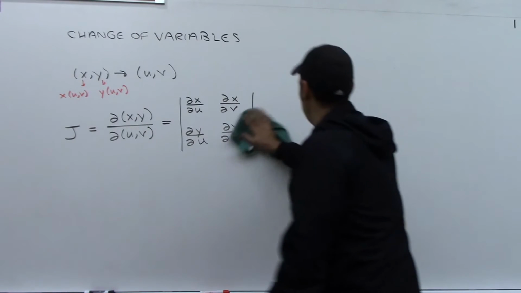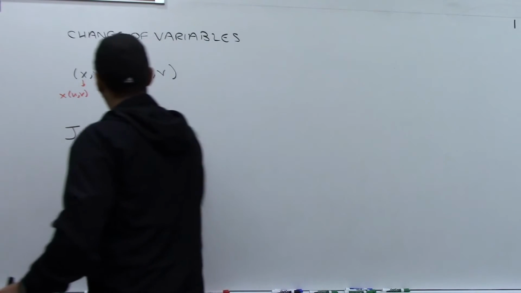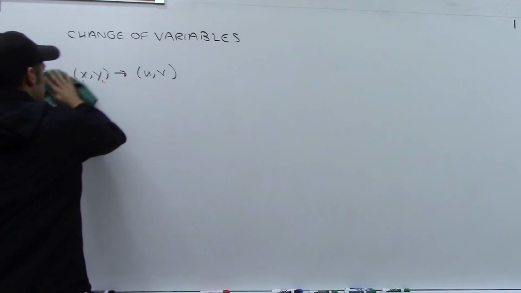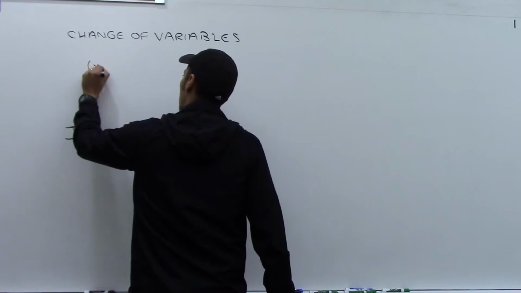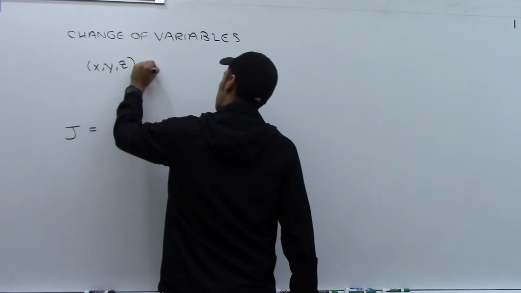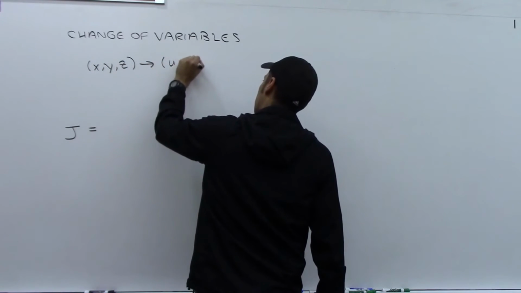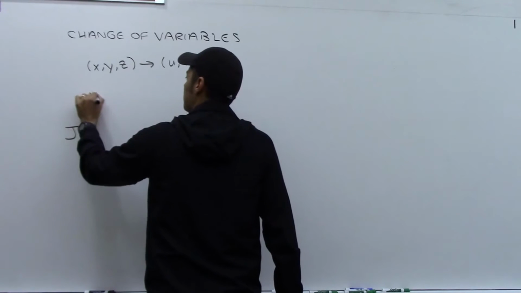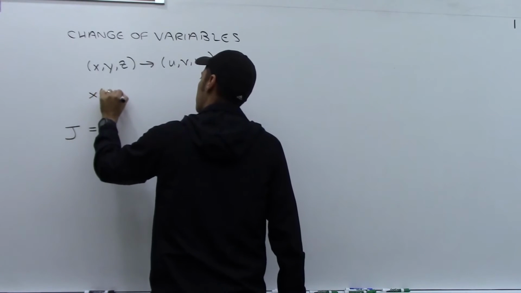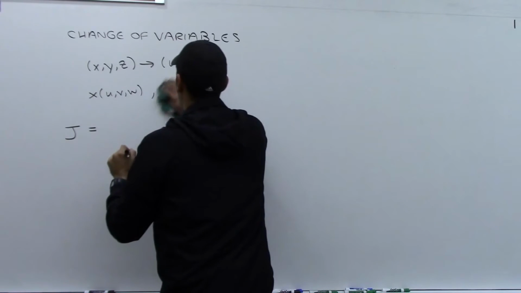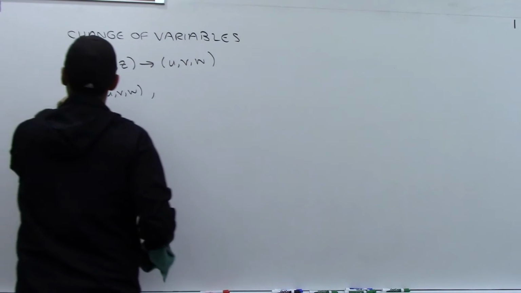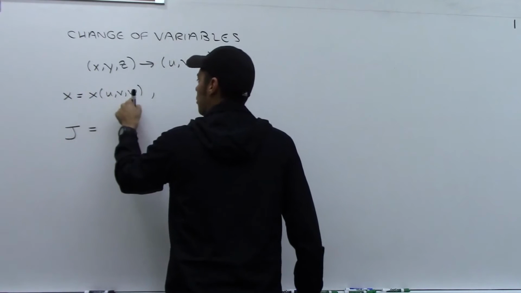Now, if you want to do the Jacobian for a three-variable change, then what we're going to have is this. So imagine we're taking x, y, z, and we're switching it over to u, v, w. So x is some function of u, v, w. Y is going to be some function, sorry, I wrote this wrong. X is equal to some function of u, v, w.